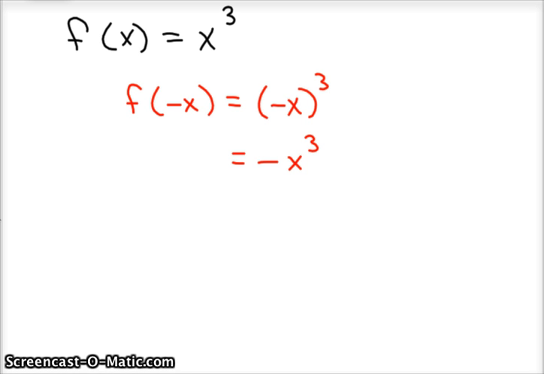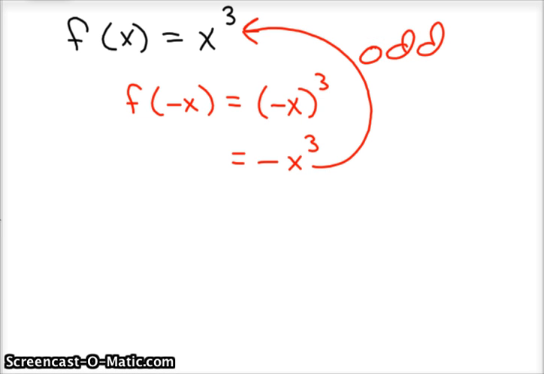Since this is a negative version of the original function, we know that this is an odd function. So there's an example of an odd function.